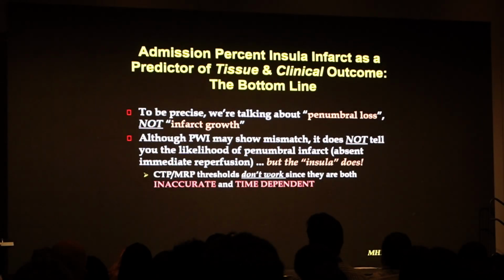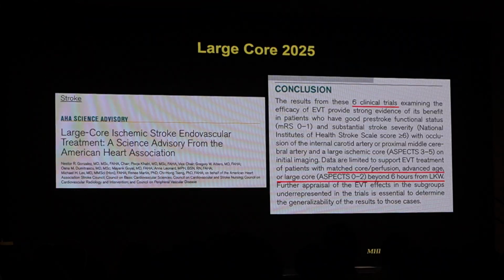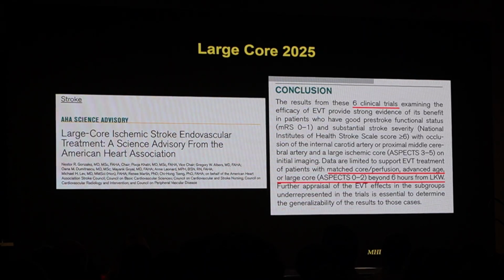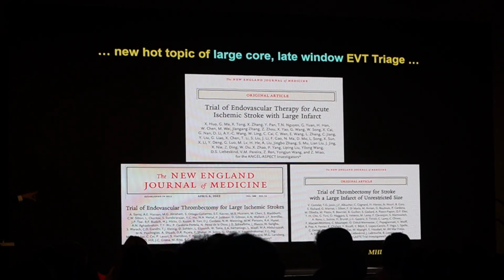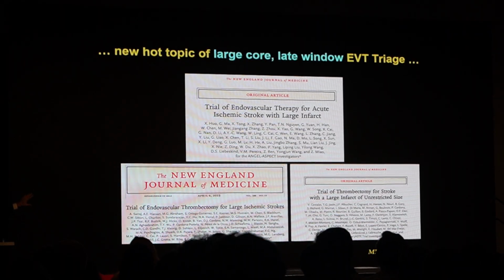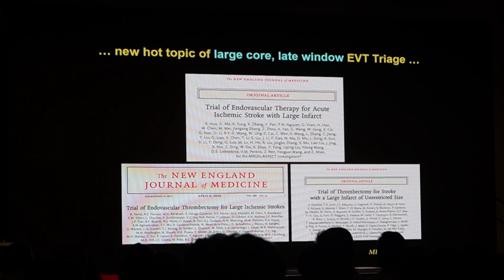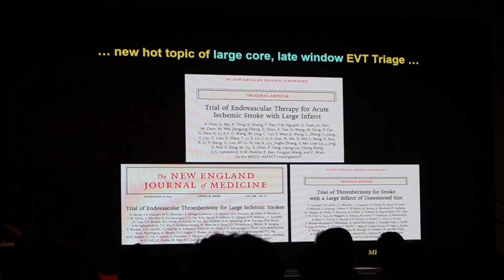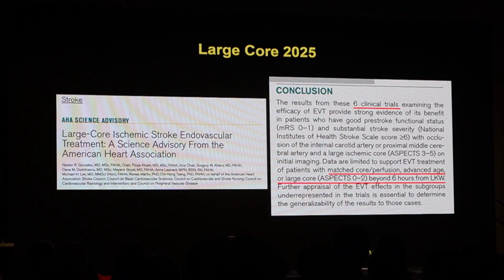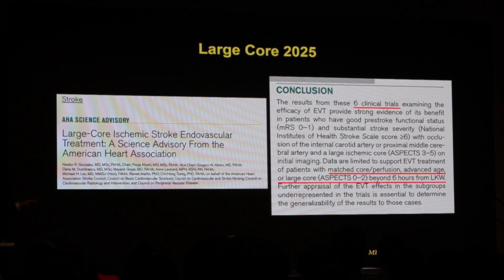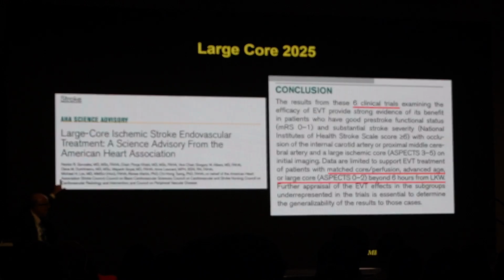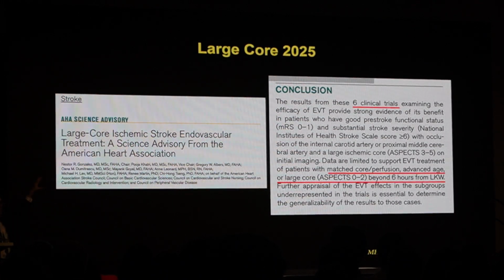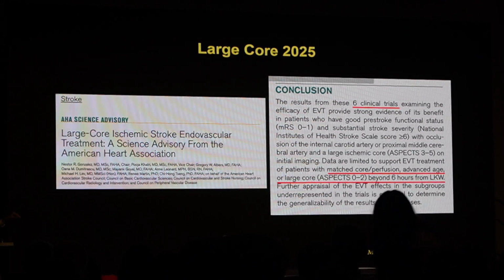And so basically, I'm just going to skip here to these large core trials. There were about 6 big trials that were just done of just very low aspect score. Can you still treat it? And the answer is, at least going down to an aspect score of 3, and you'll notice that I was on 3 that did this analysis of all these trials.